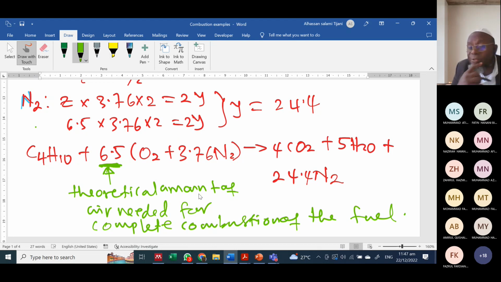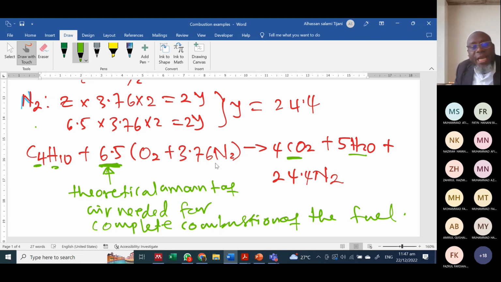Because what are the conditions for complete combustion? You see, we have carbon dioxide. All the carbon is converted into carbon dioxide. Hydrogen is converted into water. And we have the oxygen, and this is the air, so we do not even consider that. The hydrogen reacts with the oxygen to form water, and the carbon reacts with the oxygen to form carbon dioxide.